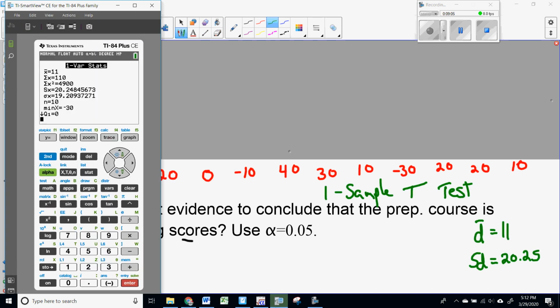But in reality, this is the exact same kind of test you did before when you did a one variable t-test. So if you thought of this at this point as X bar and S, it really wouldn't change much for what you're doing.